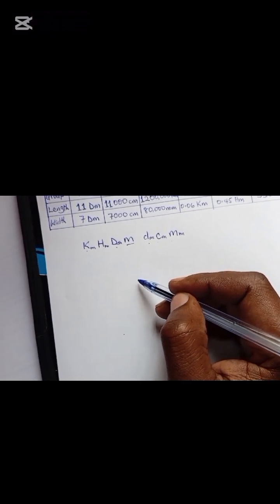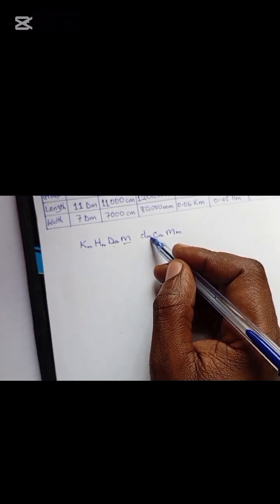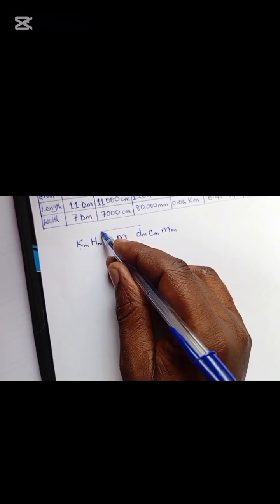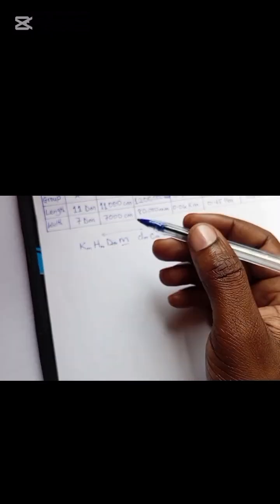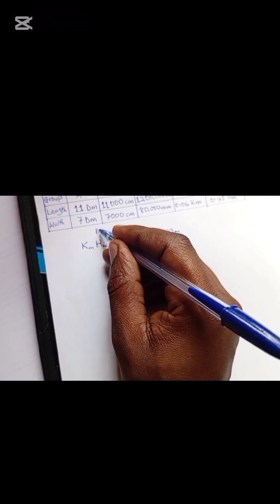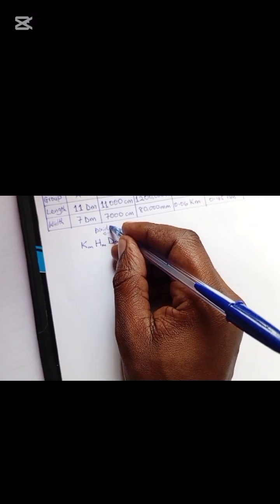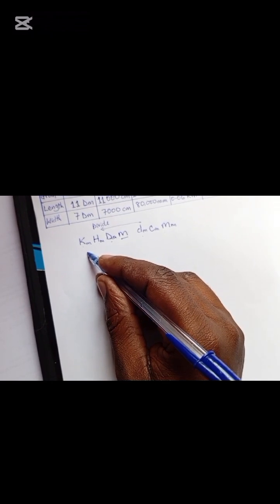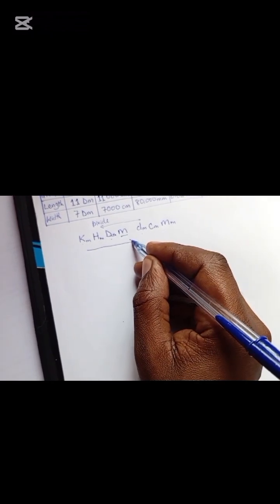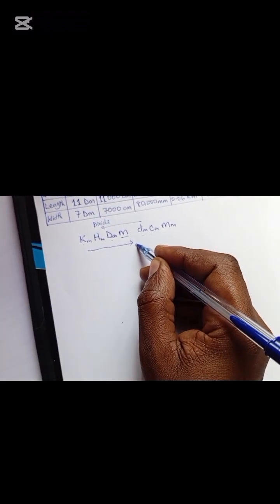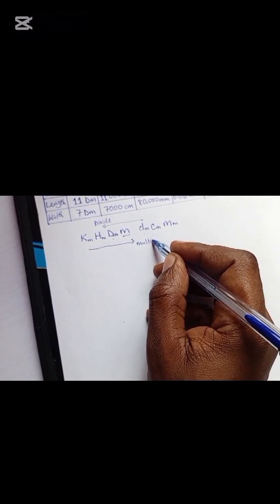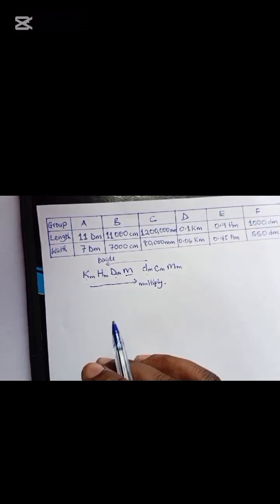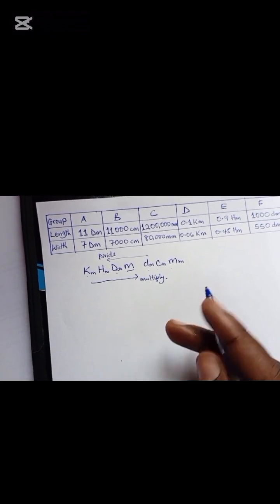So when you are converting any unit from the smaller unit here, taking it to a bigger unit, you will have to divide. And when you're converting from a bigger unit, taking it to a smaller unit, you multiply. Now the question is, you multiply by what?